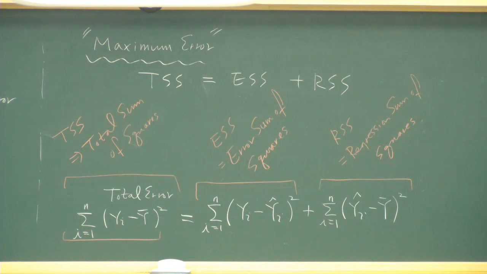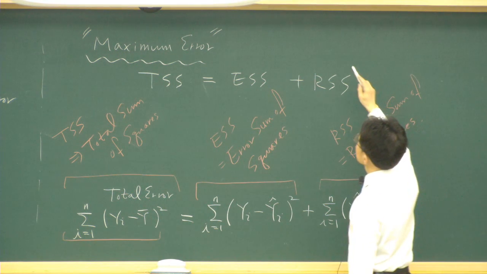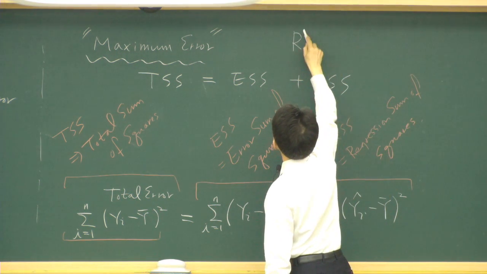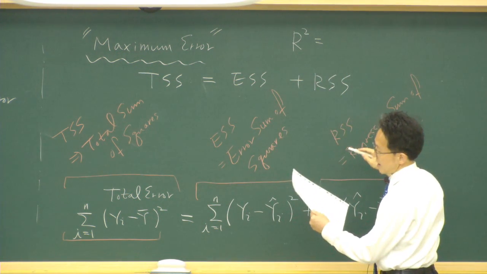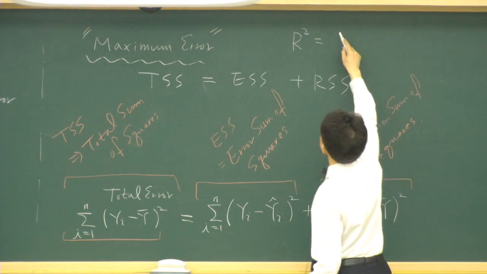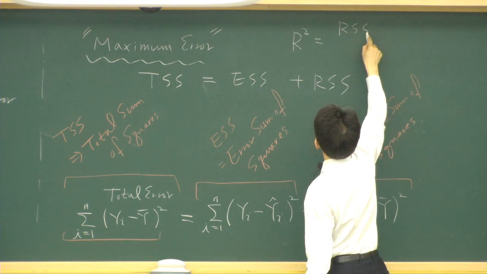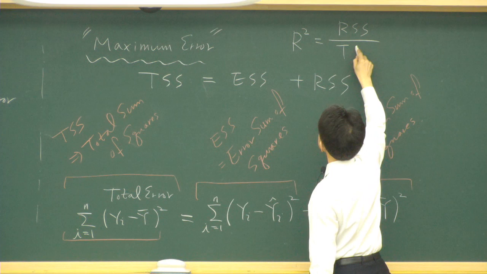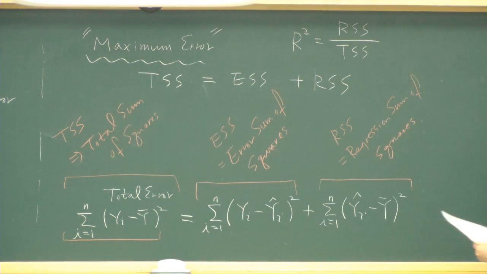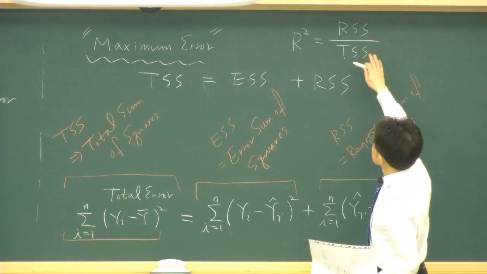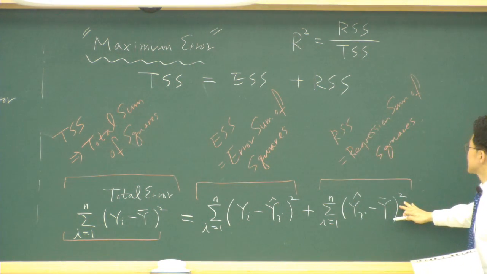And then we remember that we have the measure R square. R square is nothing but RSS divided by TSS. In other words, R square measures the regression sum of squares.